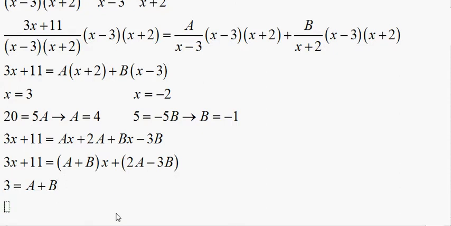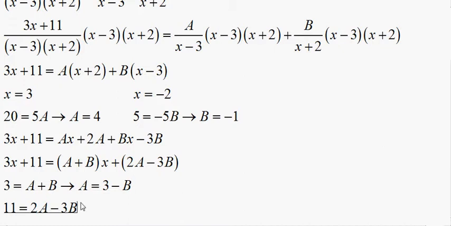And our other equation is 11 equals 2a minus 3b. So now we have a system of equations. You can solve it however you like. Basically, it's pretty much algebra at this point. I'll do it. So you get a is equal to 3 minus b.